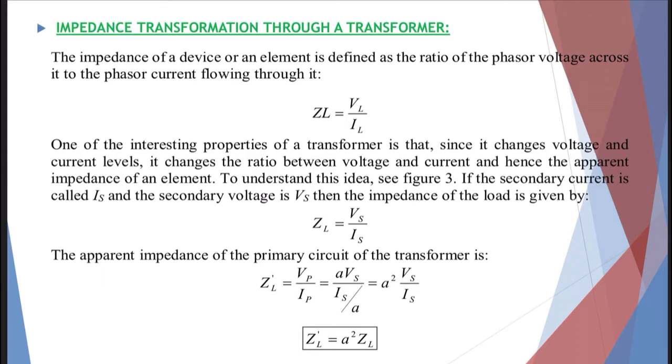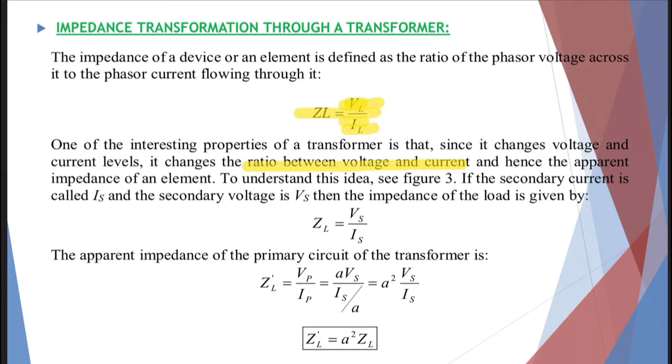ZL equals VL over IL. This is the impedance. One of the interesting properties of a transformer is that since it changes voltage and current levels, it changes the ratio between the voltage and current, and hence the apparent impedance of an element.